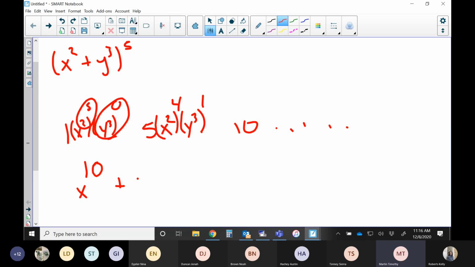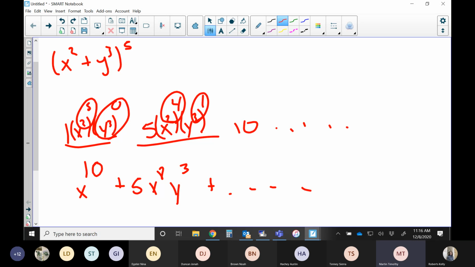Here it would be plus 5 x to the 8th, multiply y to the 3rd, and so on. So it's really a lot of the same stuff that you've done in the past when you're simplifying them. Kind of makes sense? Yeah.